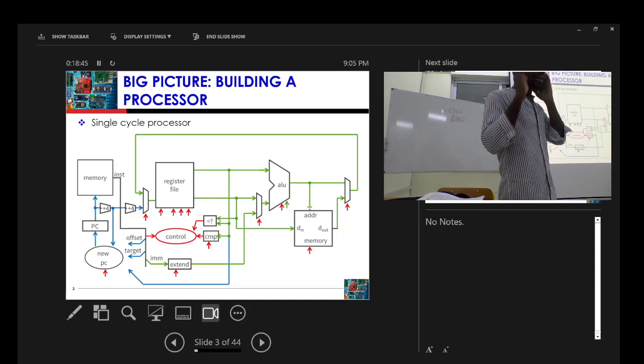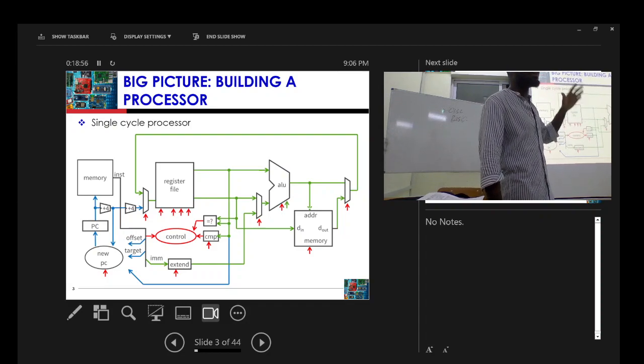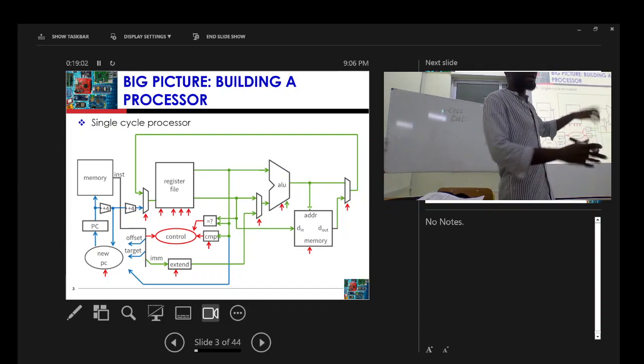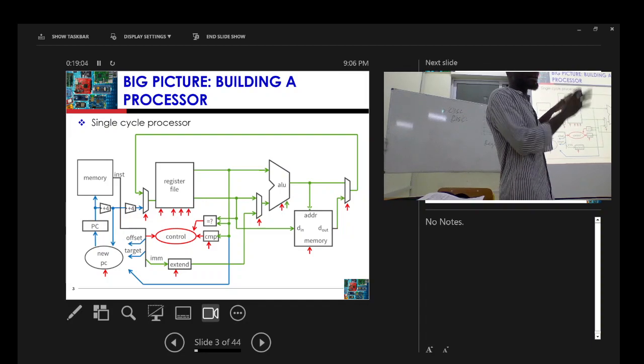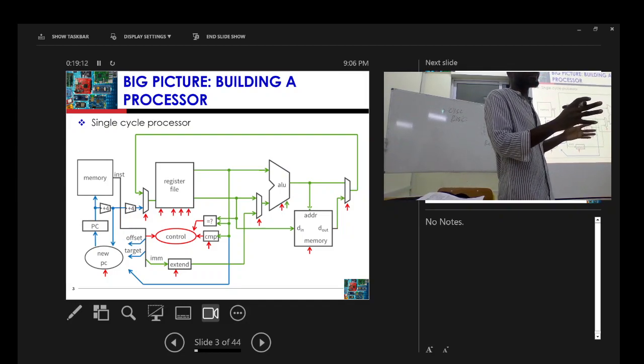Now, if I say a CPU is register or load store, it can only operate on data that is in the register file. So if you have some kind of data that is in memory, what the CPU must do is that it must load this data from memory to the register file before it can operate on it. Understood? So you know the difference between the register memory architecture and then the register or the load store architecture.